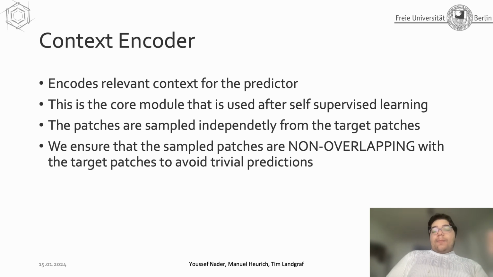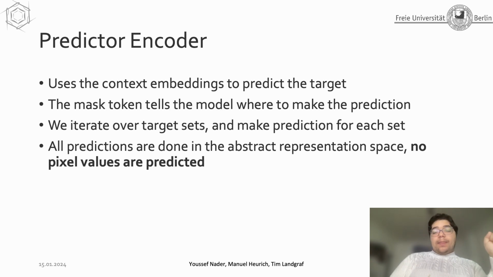And the patches are usually sampled in a non-overlapping manner with all of the target patches. So you try to avoid having this trivial prediction where you've encoded something that you're going to try to predict, because we know that this results in collapse. So we try to have non-overlapping patches with the target encoder. However, it's also sampled independently from the target patches.